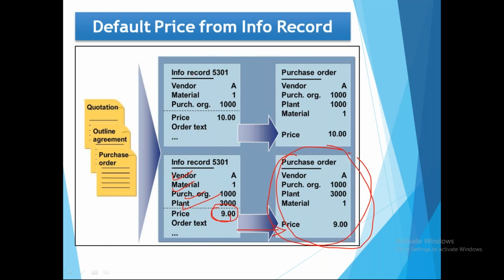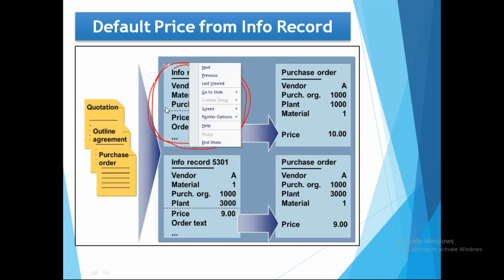Sometimes you can maintain an info record for a vendor, material and purchasing organization combination only, no plant. So in that case, whenever you create a purchase order, for all the plants that belong to this purchase organization, the price will get copied. That means you are creating a centralized info record here without referring to any plant.